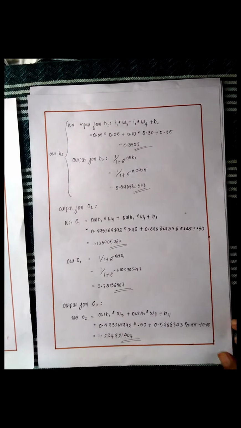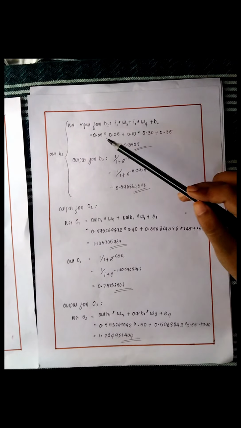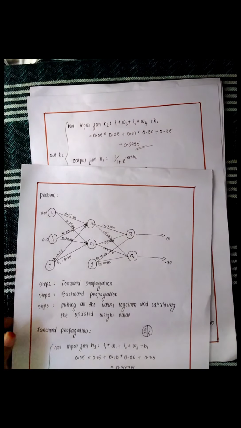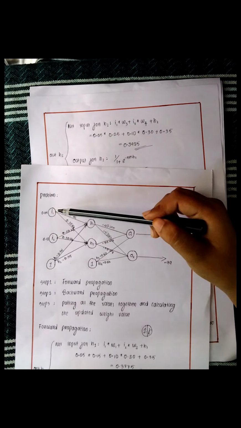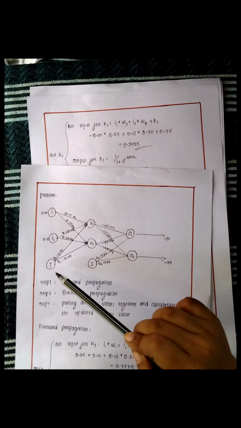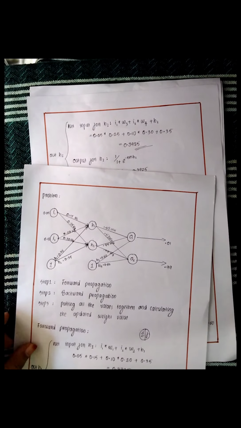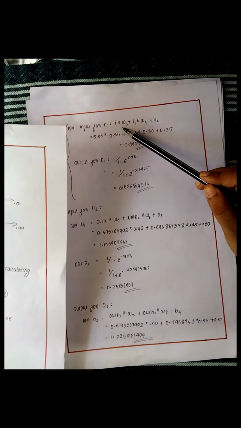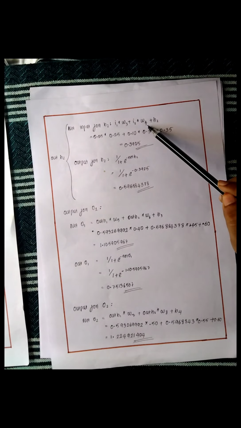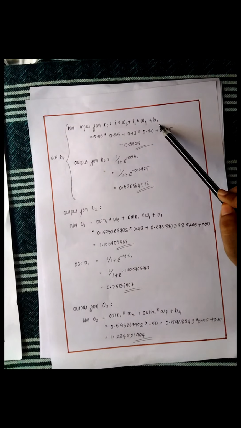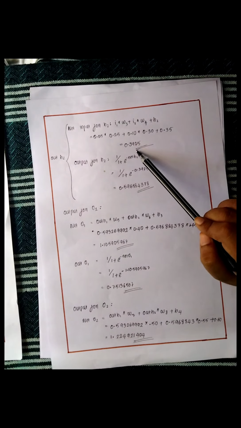Likewise, we have to find the output of H2. Here H2 is getting input from I1, I2 and bias 2. So I1 into corresponding weight W3 plus I2 into corresponding weight W4 plus bias 2 is equal to 0.3925.